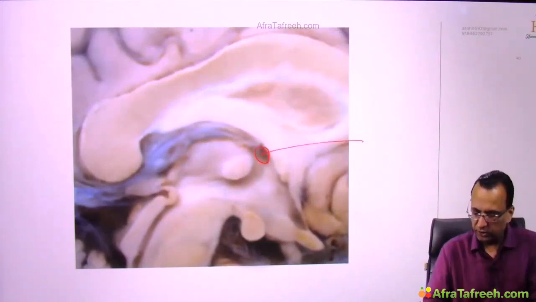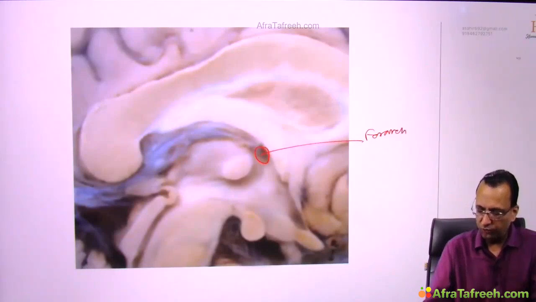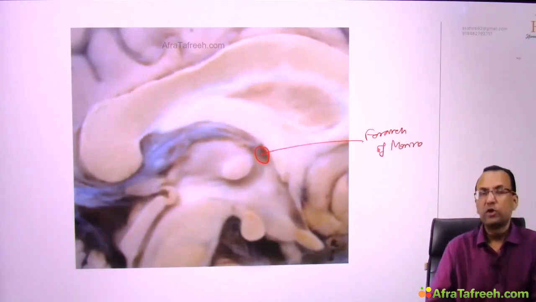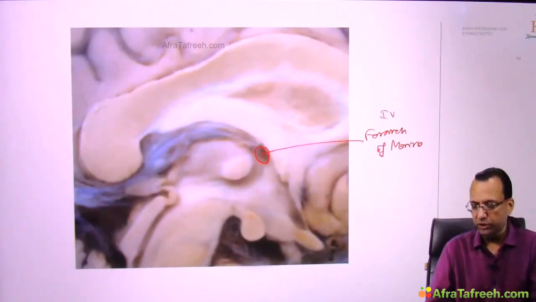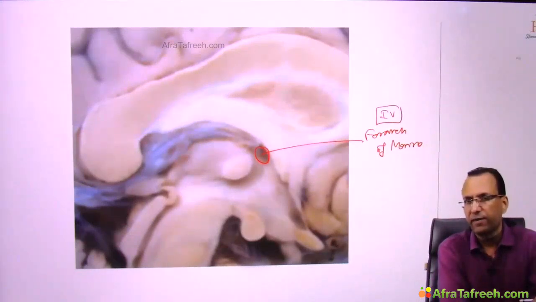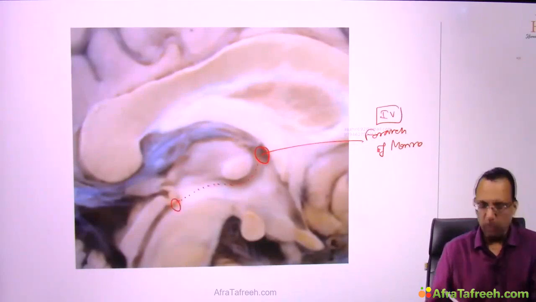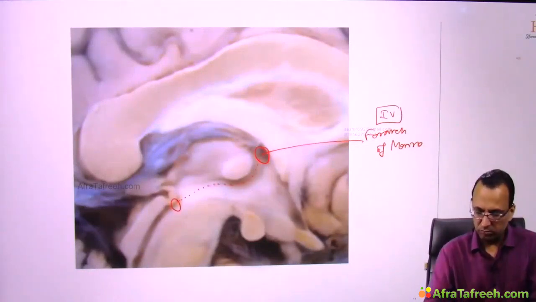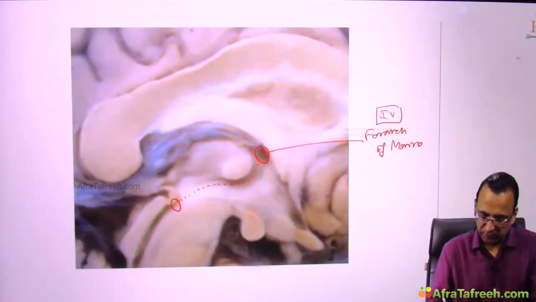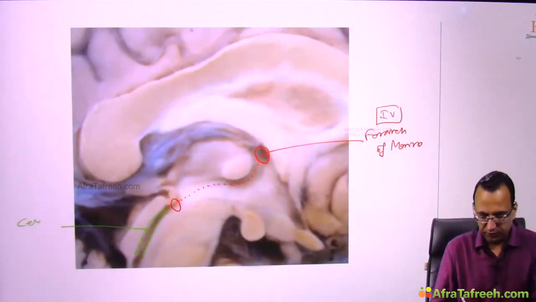What is this? This is the foramen of Monro. You mean to say interventricular foramen of Monro, which is connecting the lateral ventricle with third ventricle? Yes, CSF will come here and flow like this towards here. What is that? That, you know, is the cerebral aqueduct of Sylvius.